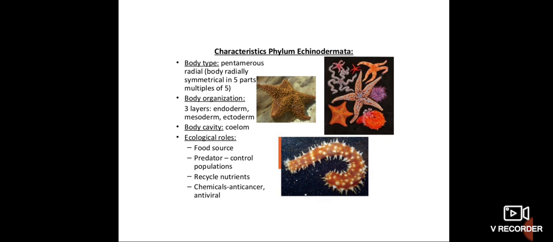These organisms can also be helpful against cancer and viruses. The chemical compounds of the echinoderms can be used against cancer and viral diseases, that is, they can cure those diseases.